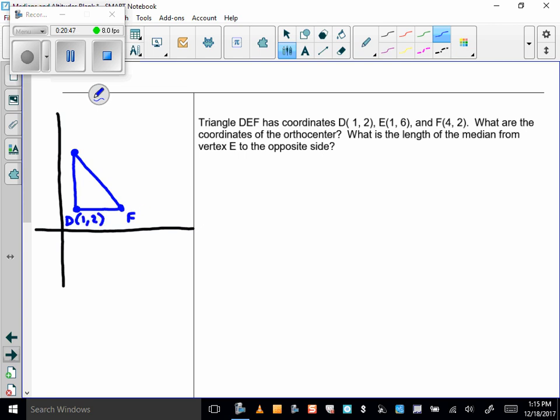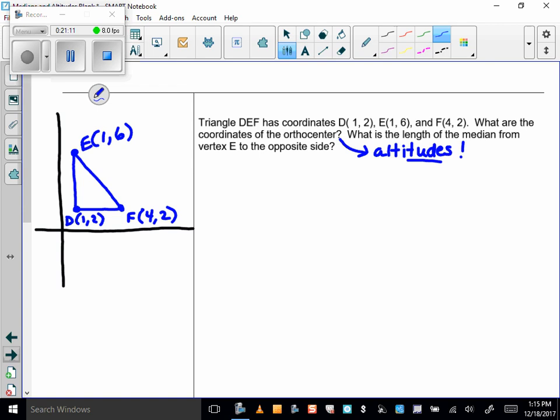F is 4, 2. And E is 1, 6. Okay, what are the coordinates of the orthocenter? Okay, so the orthocenter, remember, that's the point of concurrency of the altitudes. Giving you some hints here.